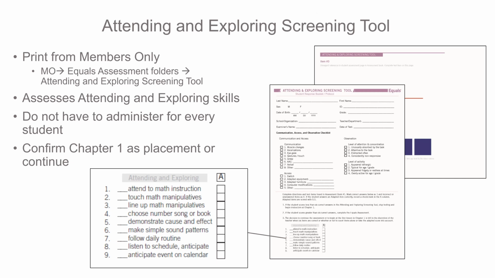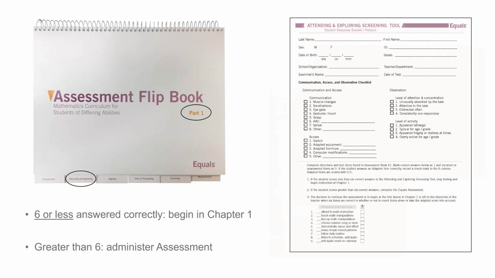And it is in members only. Again, it's in that equals assessment folder, and it says attending and exploring screening tool. What happens is if the student gets 6 or less correct out of those 9, the student can begin in chapter 1. If the student has more than 6, give the student the other subtests as well, because they might have more math knowledge than you know.